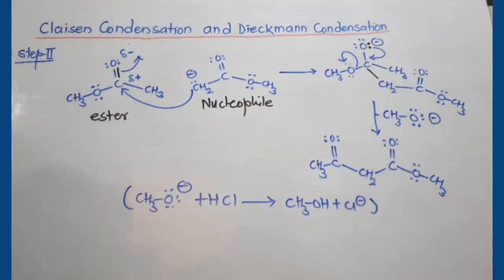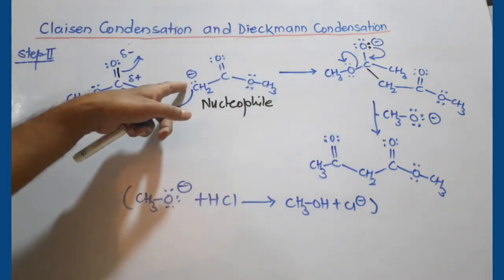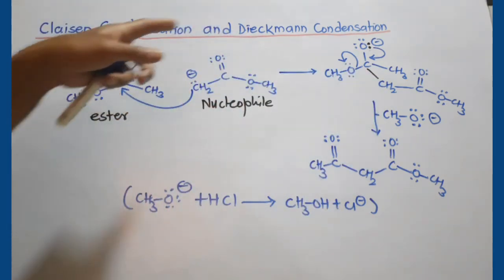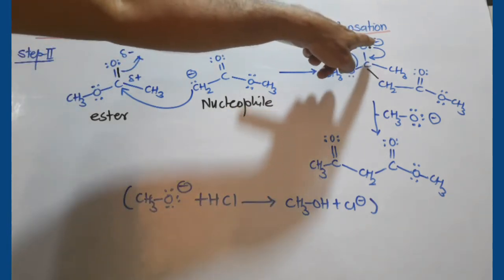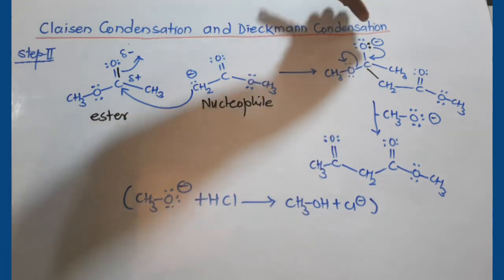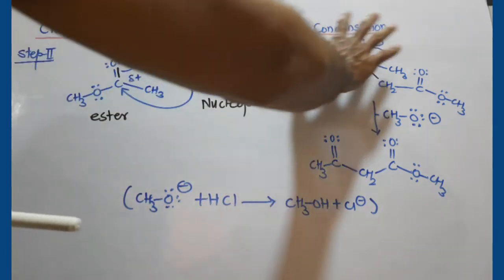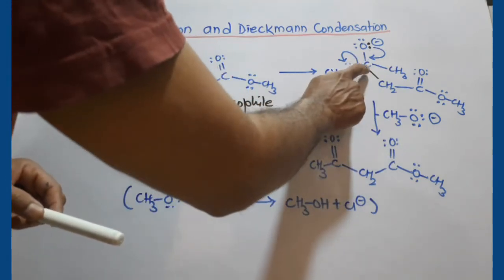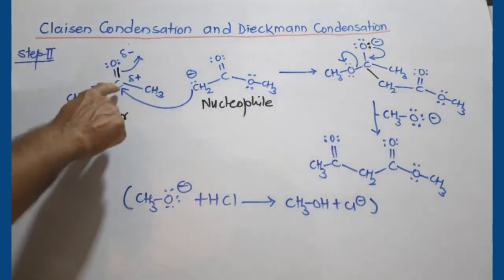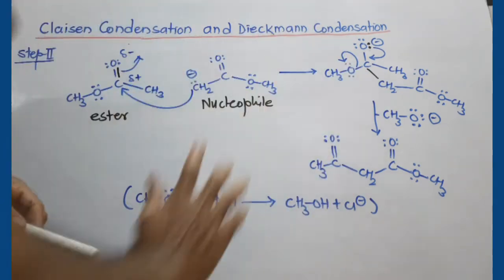Now you can count the number of electrons. Now 4 electrons there, so the negative charge is vanished. But on this oxygen there are 7 electrons. We need 6 electrons, 1 electron extra. Because of that, negative charge is developed. So this is an intermediate compound having tetrahedral geometry at this carbon. You can see that the sp2 hybridized carbon is converted to sp3 hybridized carbon.